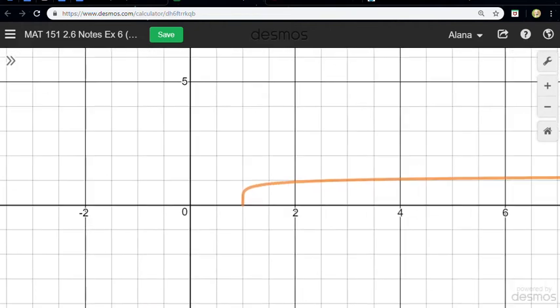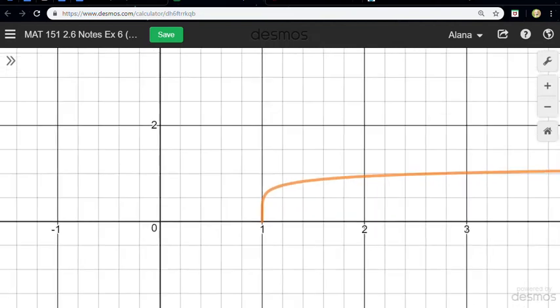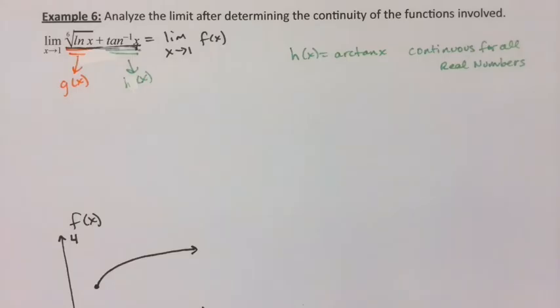Now the thing about the natural log of x is that it's only really good for us where x is greater than 0. So when I look at g of x, I know that I need x to be greater than 0.